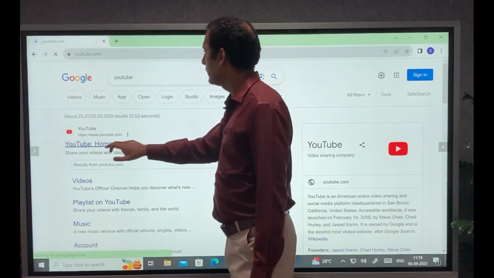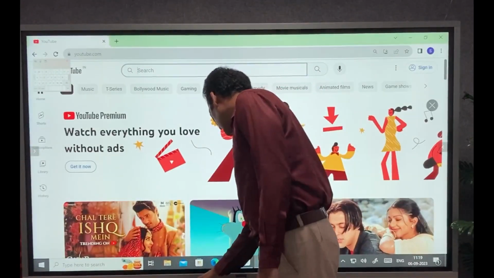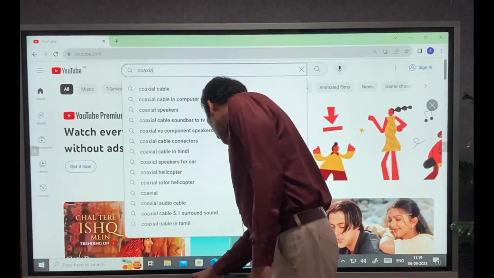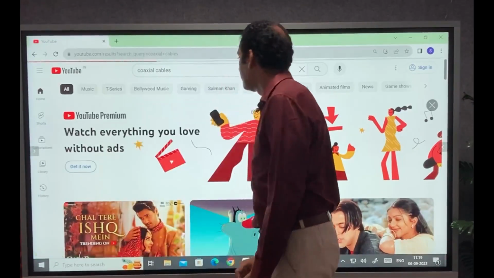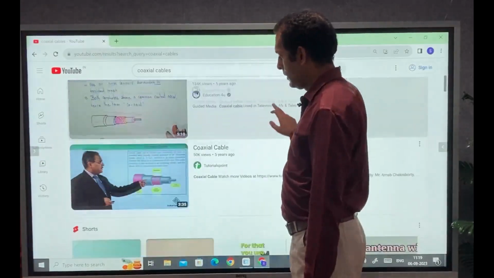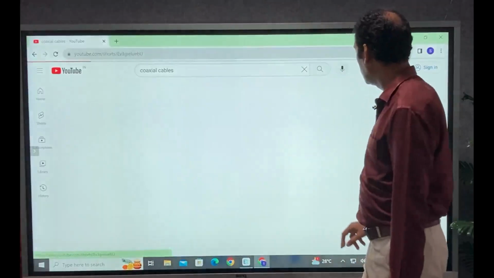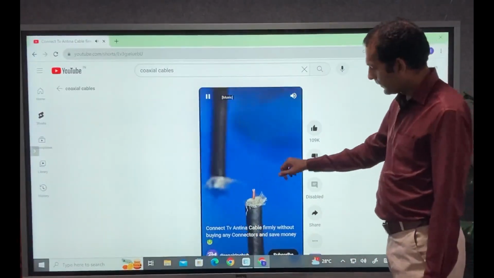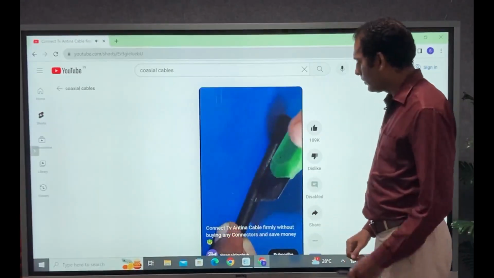So let us see some example of coaxial cable. Here we can see various coaxial cables. Now this one is the one which we use at the house. This coaxial cable is normally used.